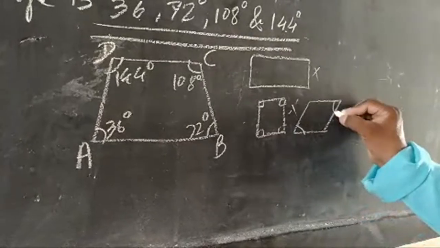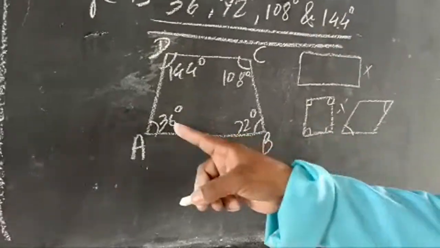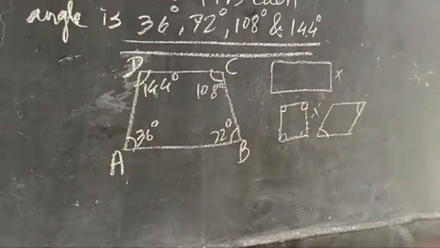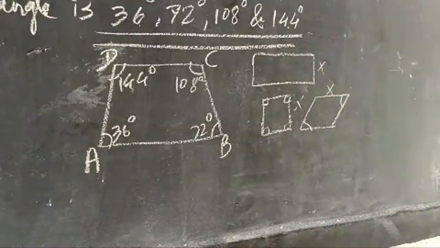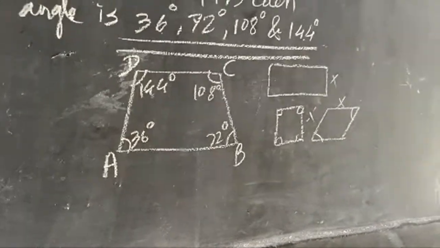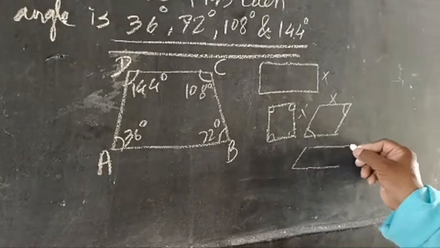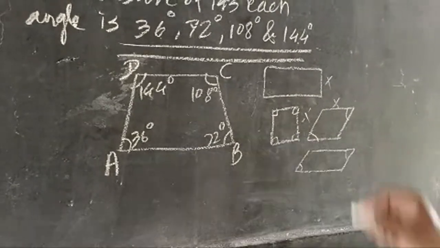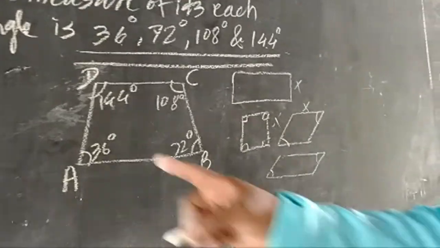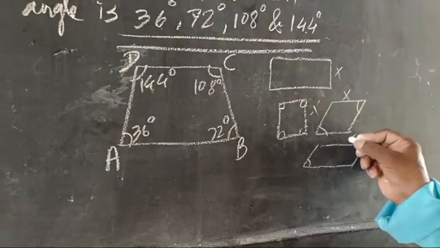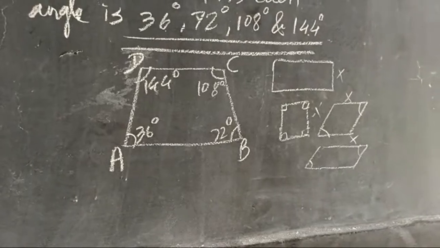Opposite angles are congruent, but here the opposite angles are not congruent, means rhombus also not possible. Is it possible for a parallelogram? Opposite angles are congruent, but here they are not, means this is also not possible.